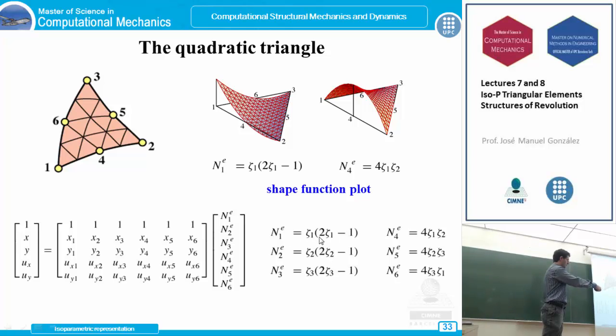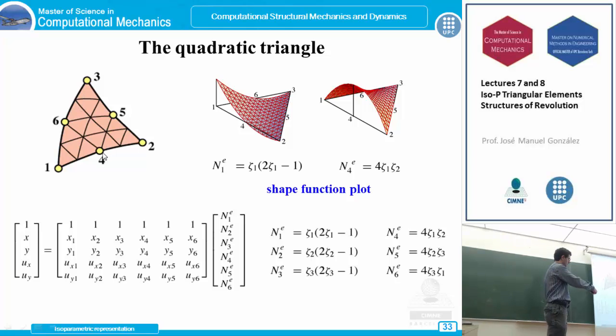So these 3 expressions are similar, and for the midpoints, for example this point 4, we must vanish these 2 sides. Look at this node 4: it is between node 1 and node 2, so the triangular coordinate ξ1 vanishes in this opposite side, and the triangular coordinate ξ2 vanishes in this opposite side.